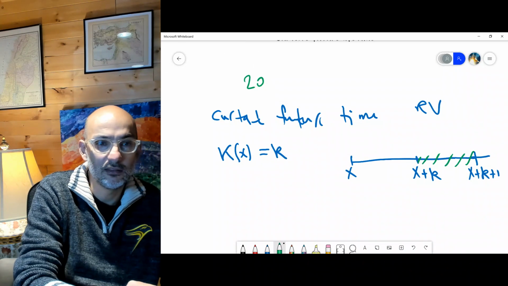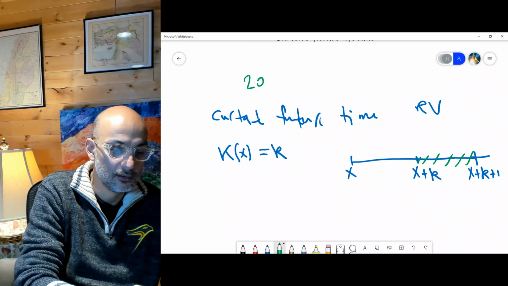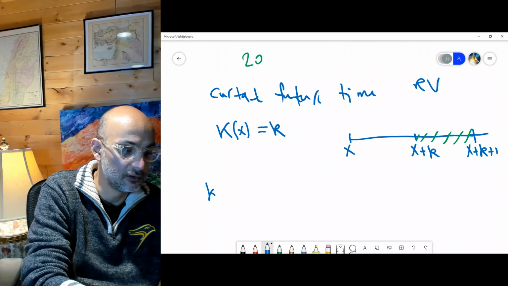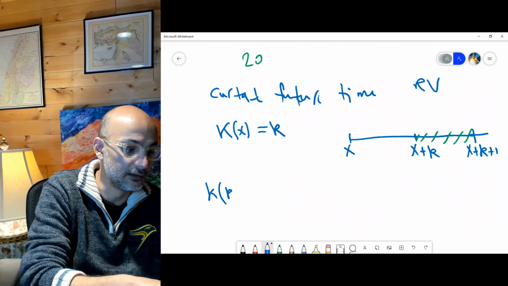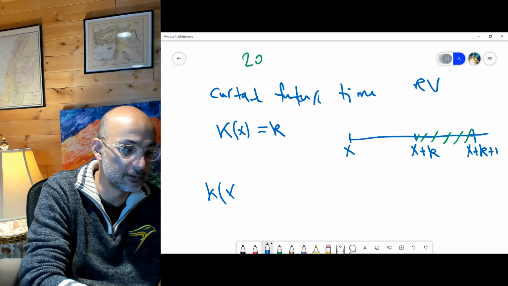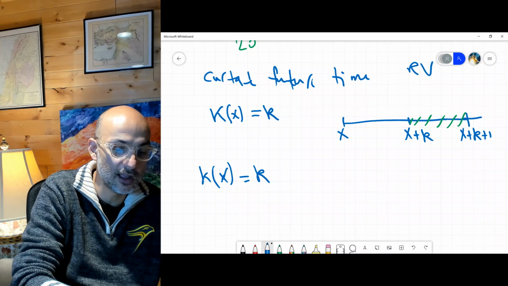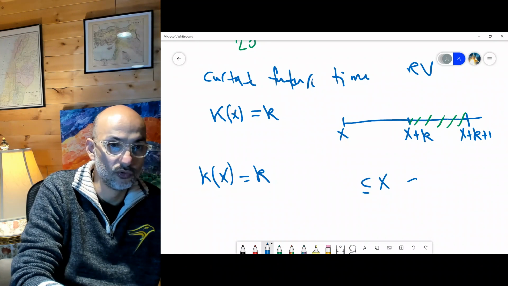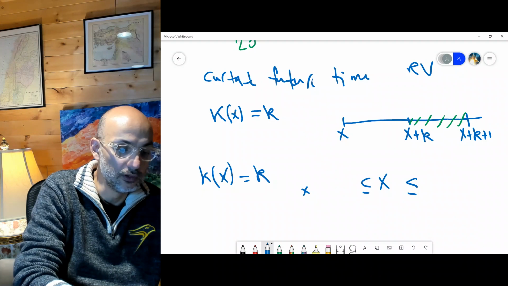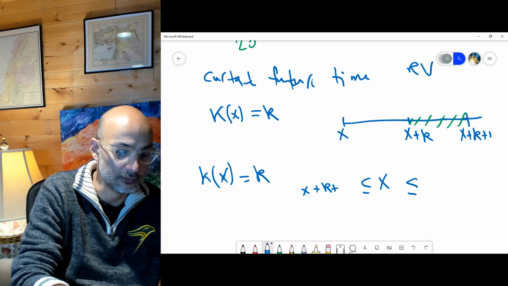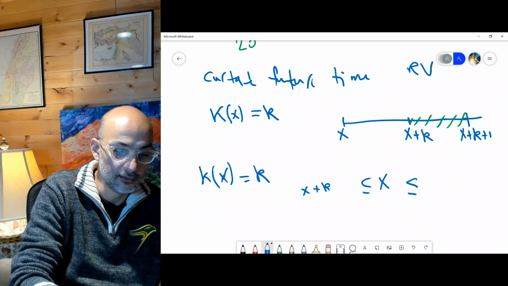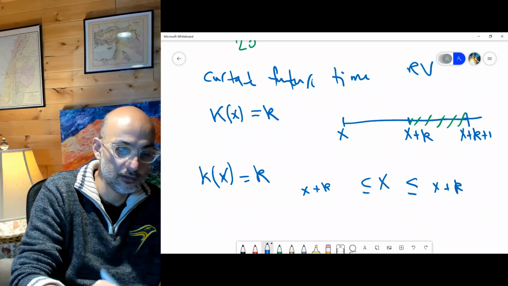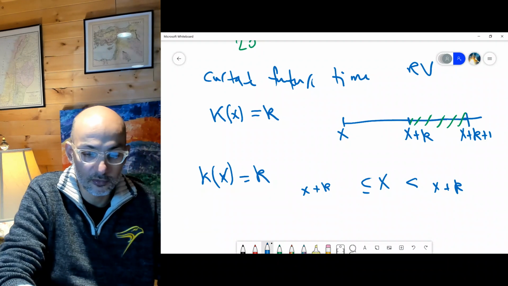So if the curtate future lifetime random variable is k, it means that death occurs between two numbers: x plus k and x plus k plus 1.